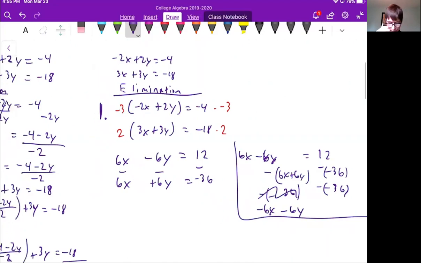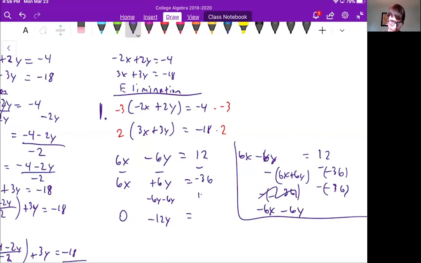Okay. So 6x minus 6x, that's just 0. Minus 6y, minus a positive 6y, a positive and a negative makes a negative. So that's like minus 6y minus 6y, which gives us minus 12y. And 12 minus a negative 36, a minus and a negative come together to become positive.